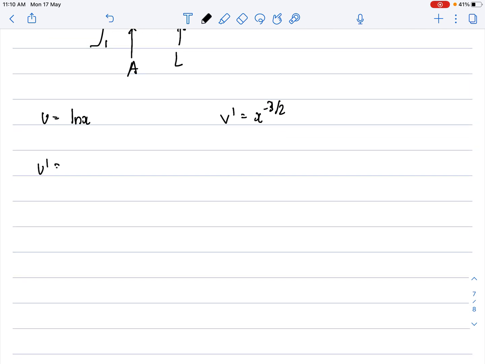Now my u dash is simply the differentiation of ln x, which is 1 over x.